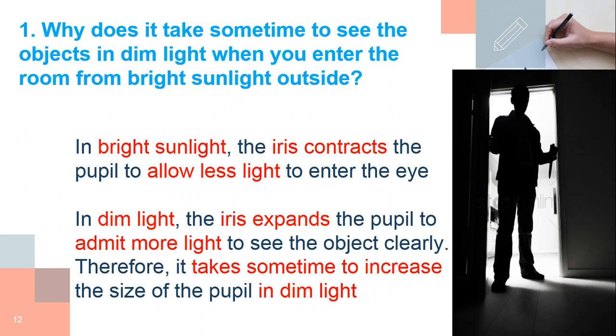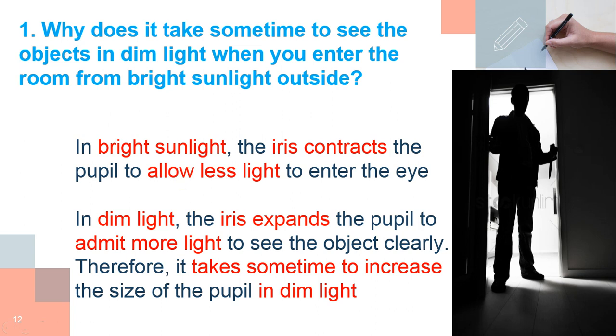In that situation, in bright sunlight, the iris contracts the pupil to allow less light to enter the eye, because we are outside the home and a large amount of light is entering our eye. After entering our home, there is no light.